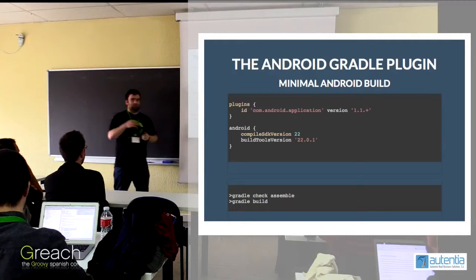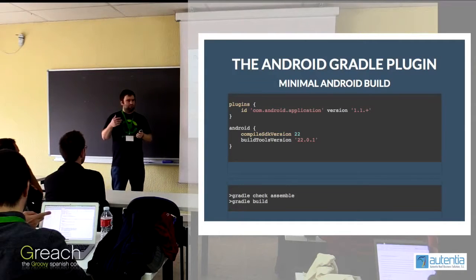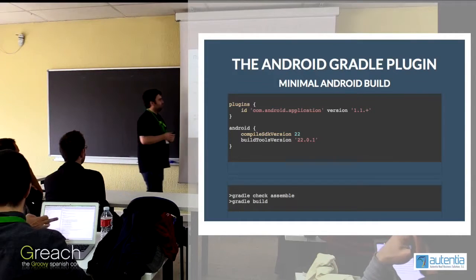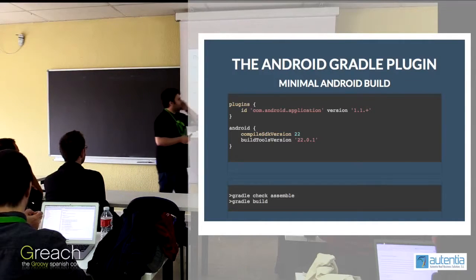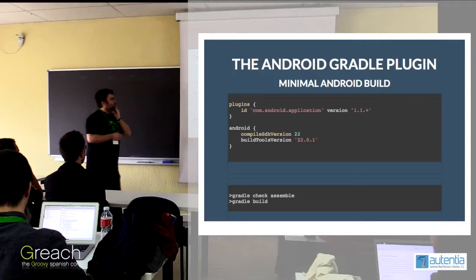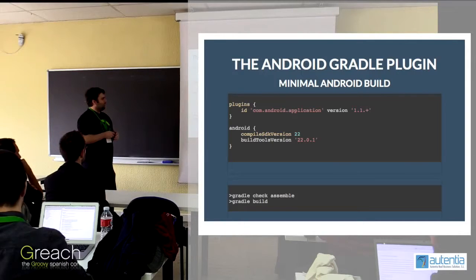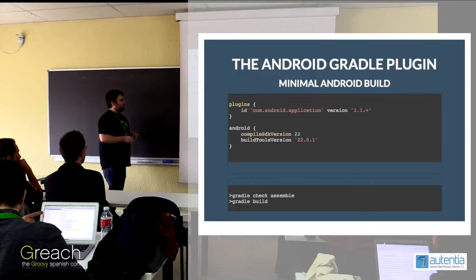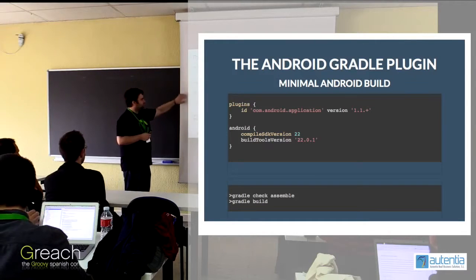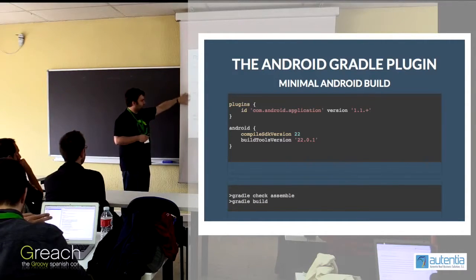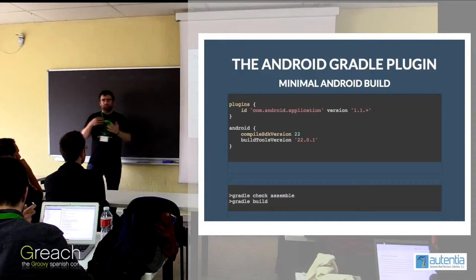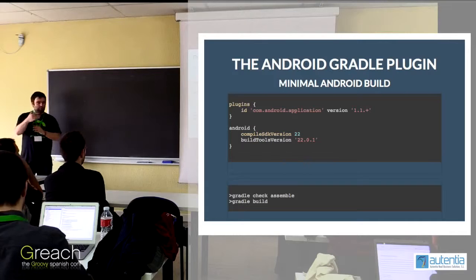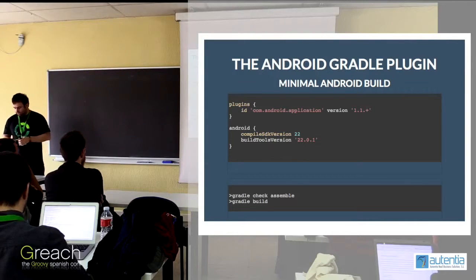We will resolve that using a plugin portal which is triggered automatically, and we resolve a specific version. In that case, 1.1.+. And this plugin brings in a whole new section to your build, that Android closure here, and everything you do with your Android-specific things you do in that Android block, basically.